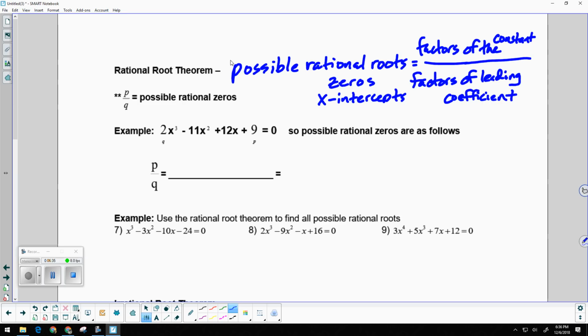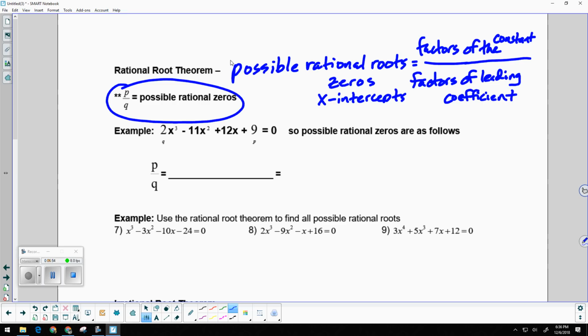Now, those are long phrases, factors of the constant and factors of the leading coefficient. We reduce that to P's and Q's. We call the factors of the constant P and the factors of the leading coefficient Q.